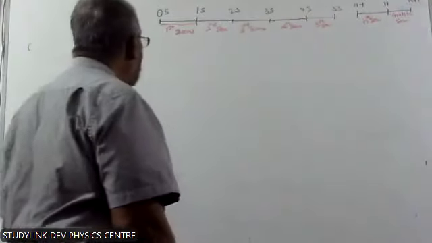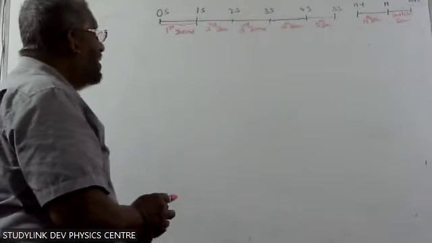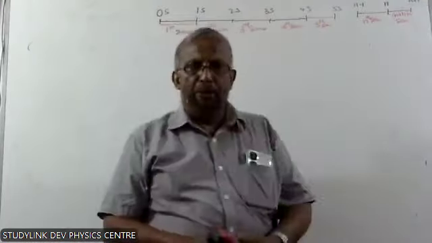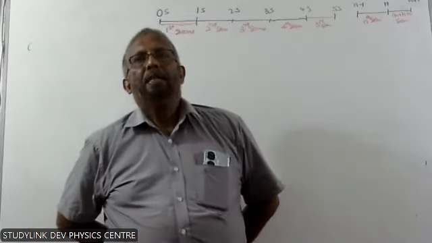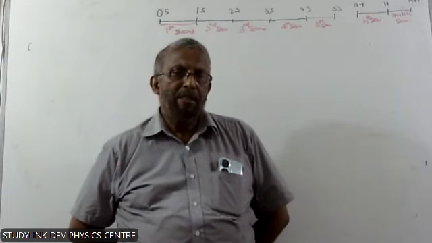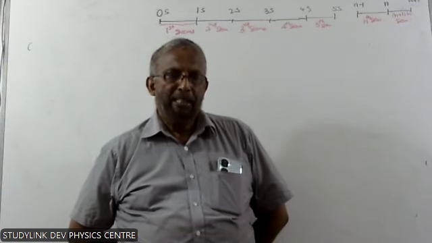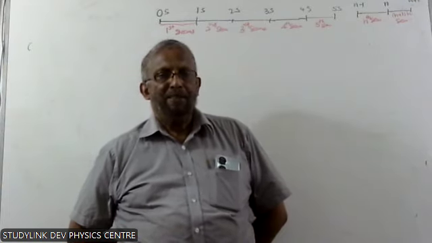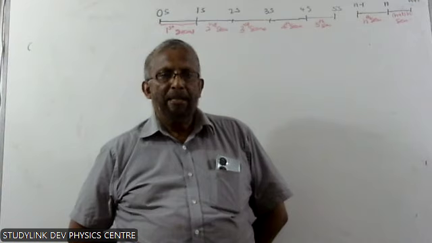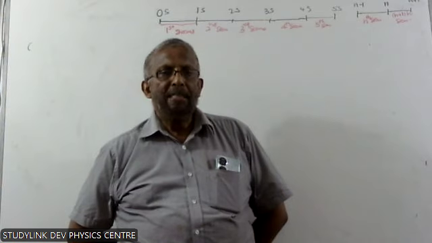Then the first second starts from 0 to 1. The second one, 1 to 2. Just make a note. Durations are considered like this: the period from 0 to 1 is called the first second, if it is measured in seconds. Then the period 1 to 2 is considered the second second.